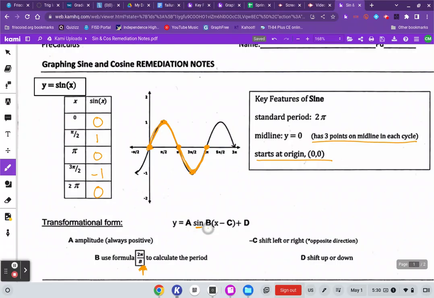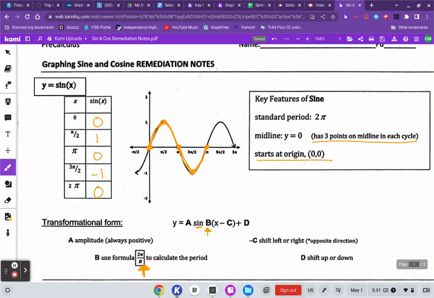So you're going to pay attention to the b value, whatever number is there. If there's not a number there in front of x, then we know it's an understood 1. And whatever number I have in that position of my equation, I'm going to put into this formula down here, which is 2 pi over b.